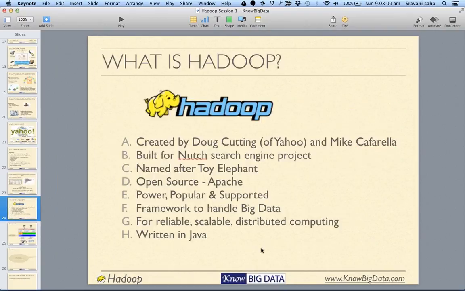Now, theoretically, what is Hadoop? Hadoop was a project created by Doug Cutting and Mike Cafarella. It was built for their personal project called Nutch. They were trying to build a search engine. It was named after the toy elephant of Doug Cutting's son.